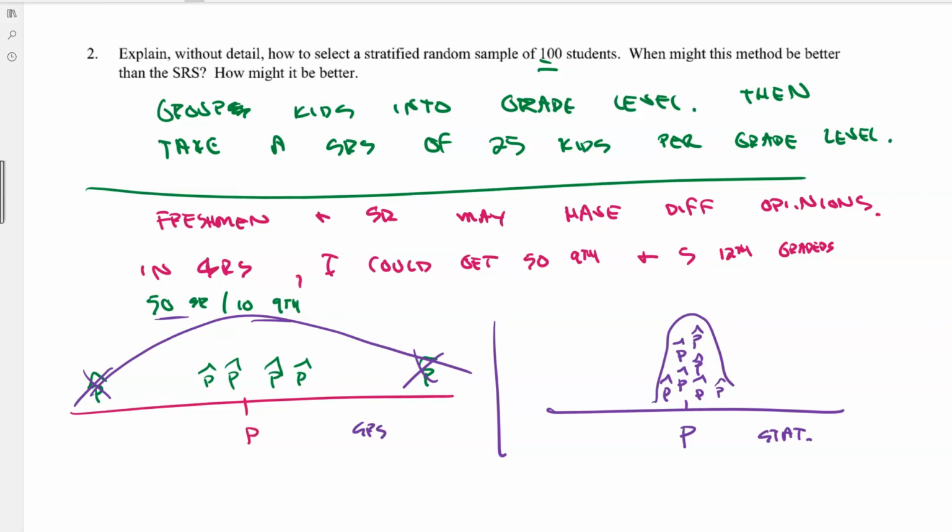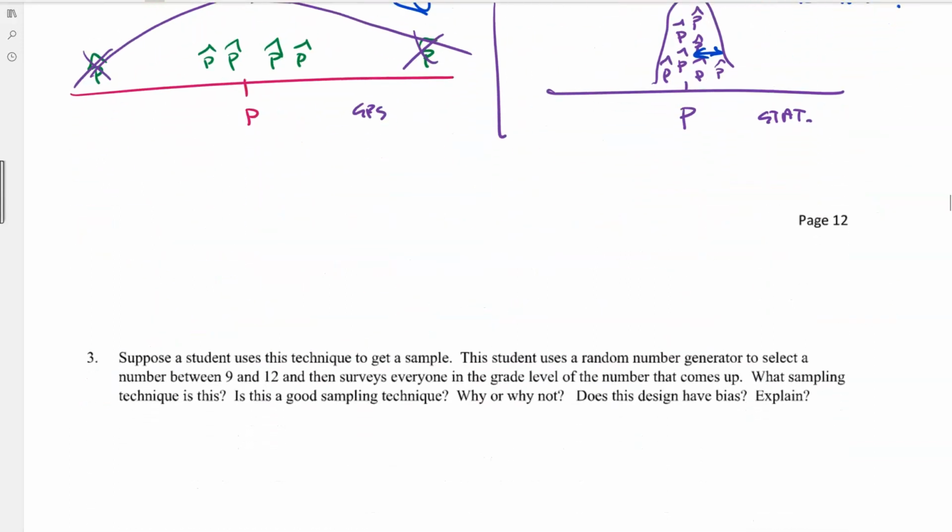It hopefully reduces the variability or the error in my sample proportion. So I'm thinking my sample proportion may be closer to the true proportion than if I take a simple random sample. Okay, again, that's the advantage of a stratified technique.